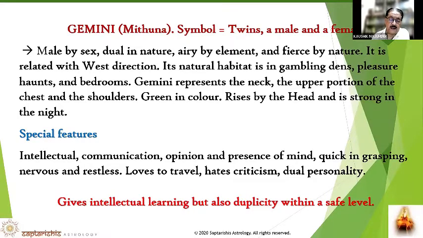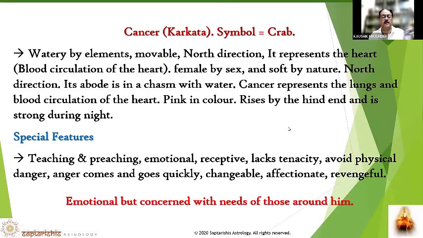The other planets and the houses, the planetary combinations will determine whether this hypocritical trait will manifest, and if so, to what extent. But there is a baseline that hypocrisy and duplicity are within a safe level. This trick is present in a Gemini person. Now Gemini is over.